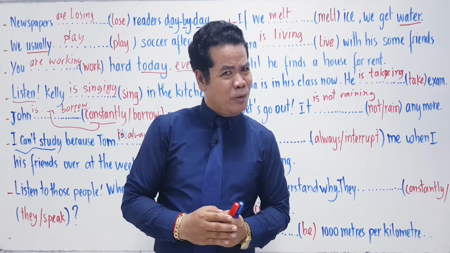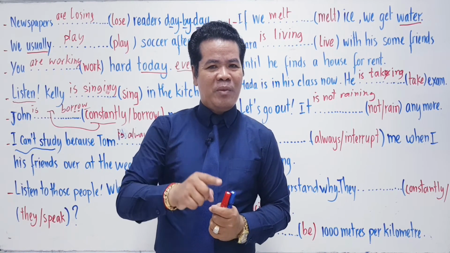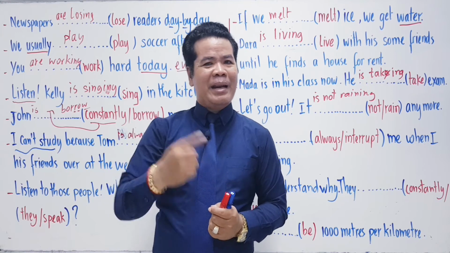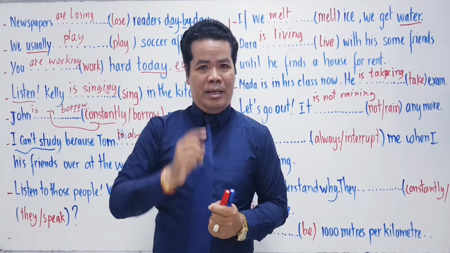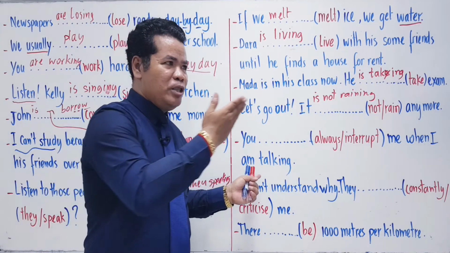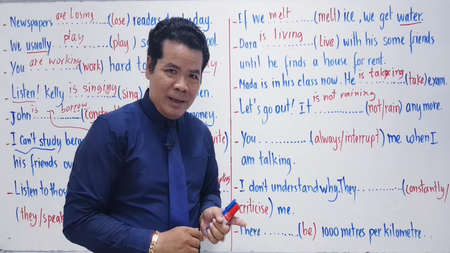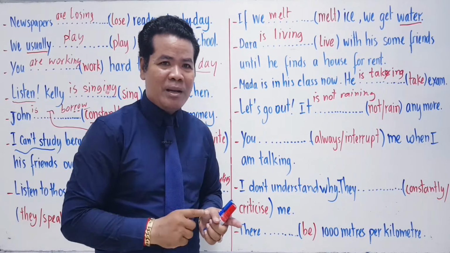So what do we use for the irritation? Present progressive. Something that happened again and again, but you don't like it. Do you like it when you are talking to your friend and somebody talks to you? No. You understand? This action doesn't happen only one time. It happened again and again.